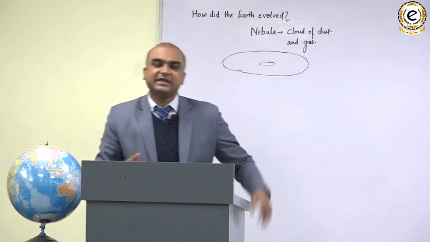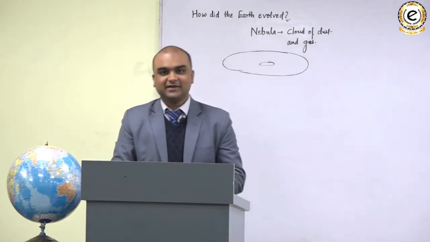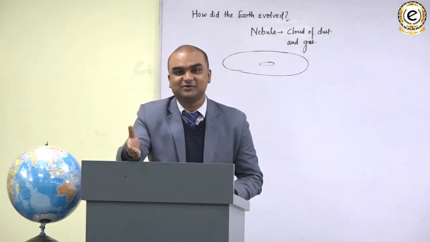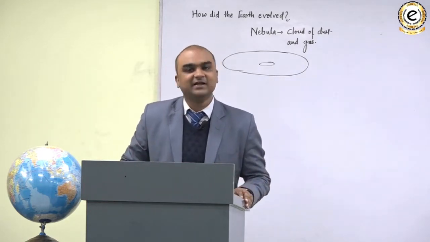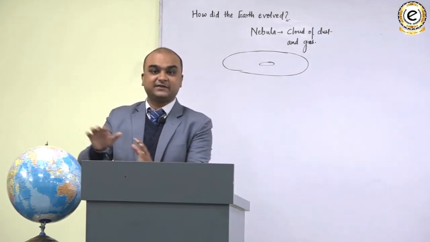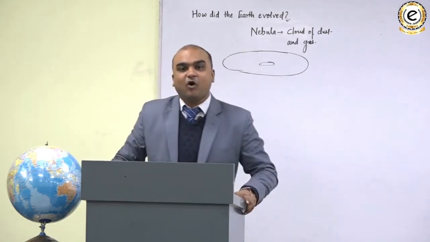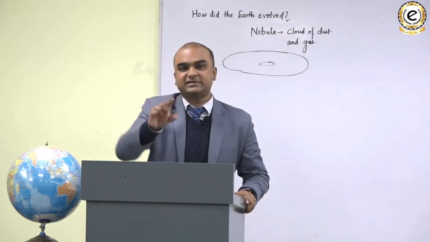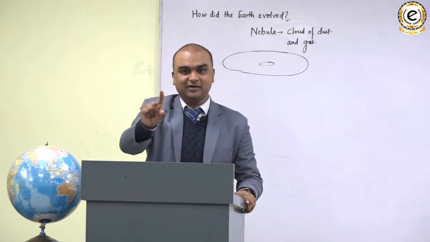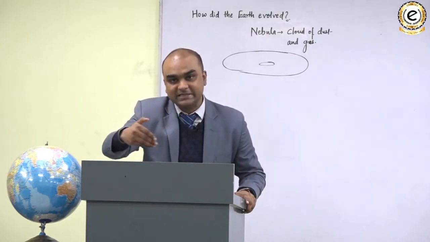Now, you know, if gas cools, it will turn into liquid. And if liquid cools further, it will turn into solid. So it is believed that the planets, both the terrestrial planets as well as the gas giants, all were created out of this slowly rotating primordial nebula, which cooled in due course.